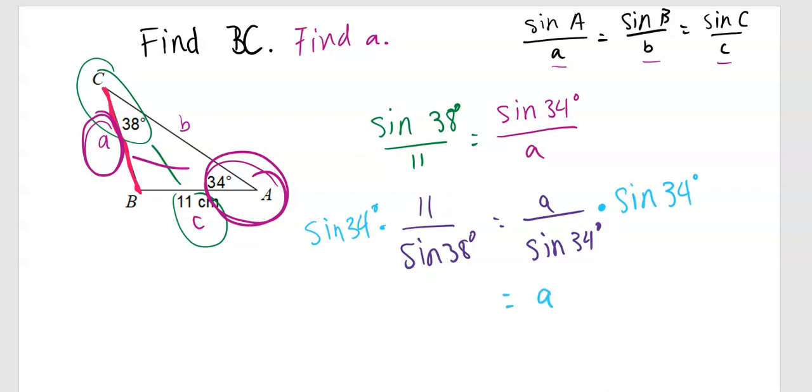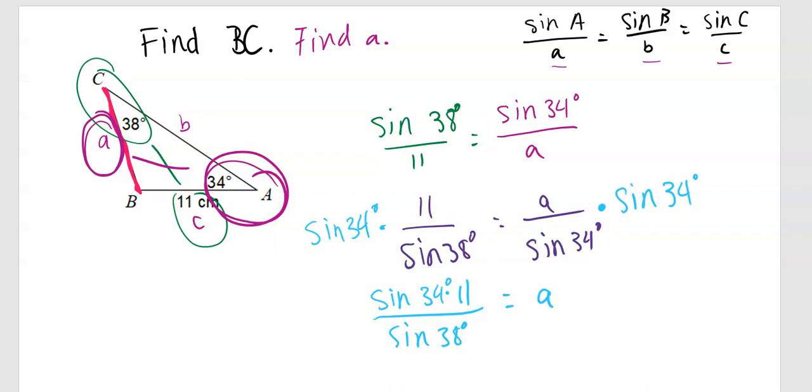Now I have little a all by itself: a equals sine of 34 degrees times 11, divided by sine of 38 degrees.